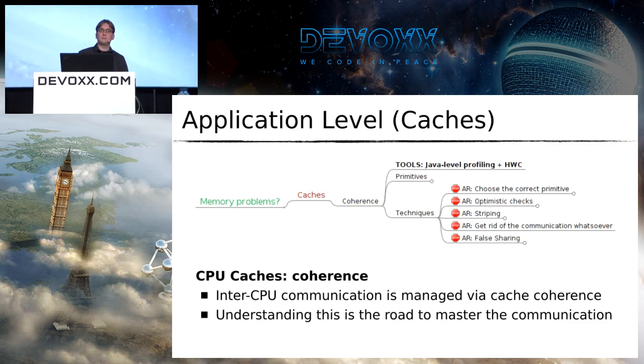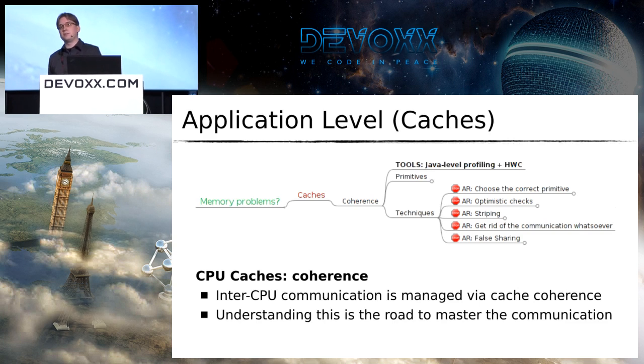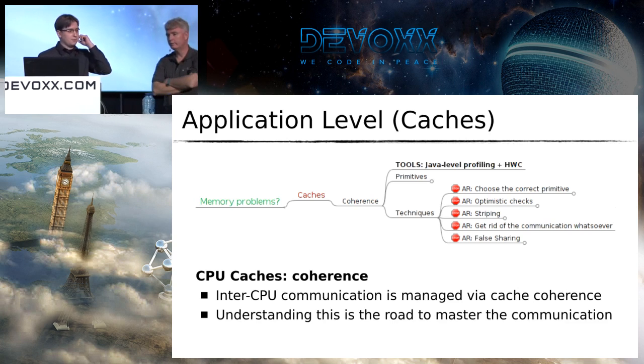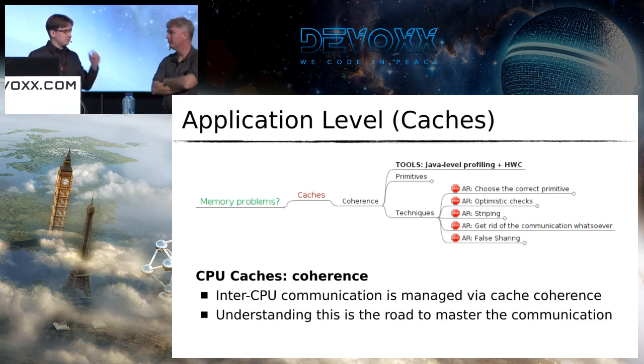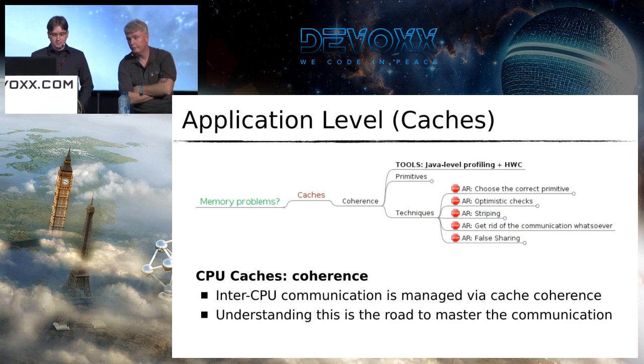And most of the time, you are dealing with cache coherency issues when you are having transfers between the threads. So if you master the knowledge about cache coherence, you are actually mastering the knowledge about how to communicate between threads more efficiently. Yeah. In this particular world, there's a number of operations that really make a huge difference.